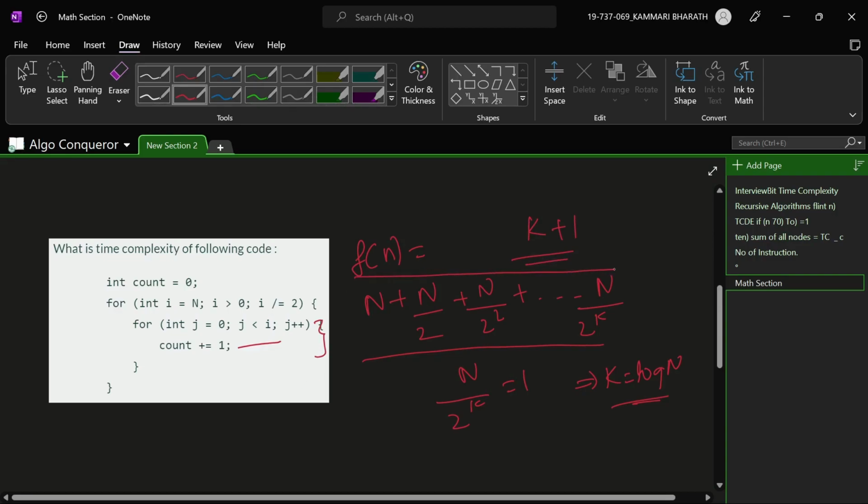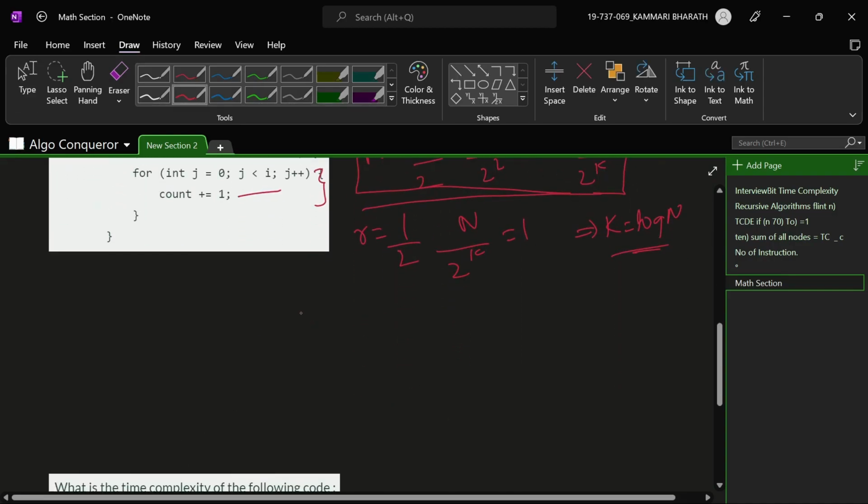So how will you calculate this? This is the geometric progression, where a is n, r is 1 by 2, number of terms is k plus 1, where k is log n.